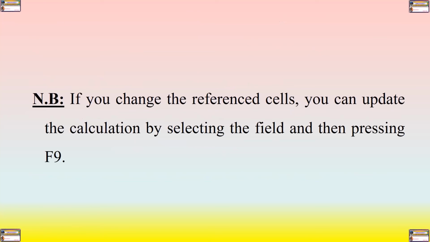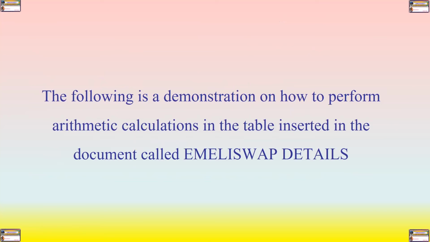Note that if you change the reference to cells, you can update the calculation by selecting the field and then pressing the function key F9 on your keyboard. So the following is a demonstration on how to perform arithmetic calculations in the table inserted in the document called MLSwap details.